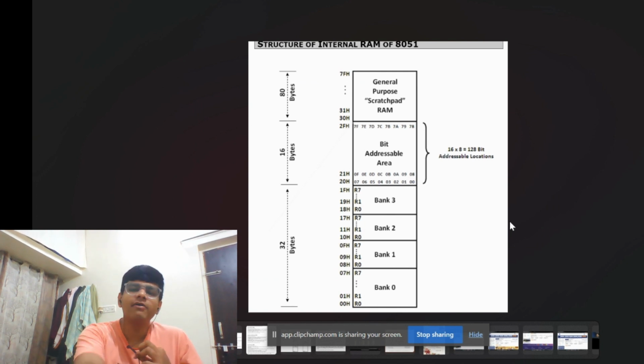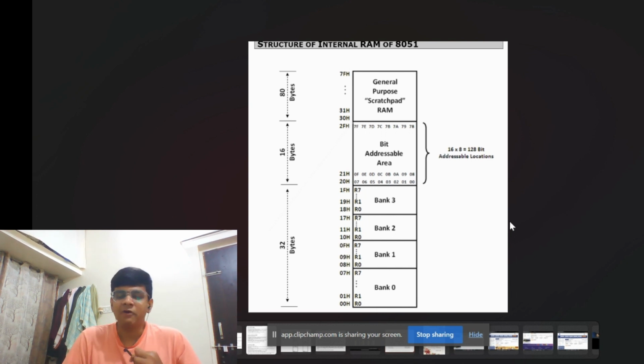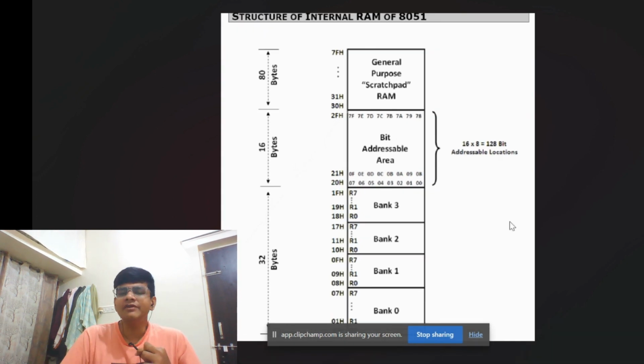So let's come to the internal RAM of 8051. The internal RAM of 8051 is 128 bytes, not KB, not MB, not GB. Many students ask what we can do in 128 bytes. Obviously you must have this question, because the image I am showing is obviously up to 500 KB. I don't know the perfect size, but what can we do in 128 bytes? We can do a lot.